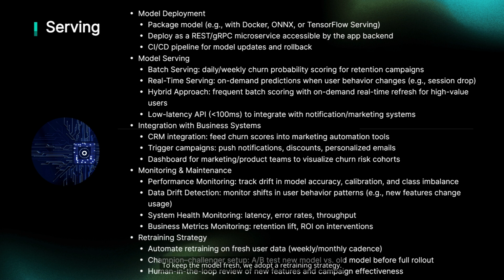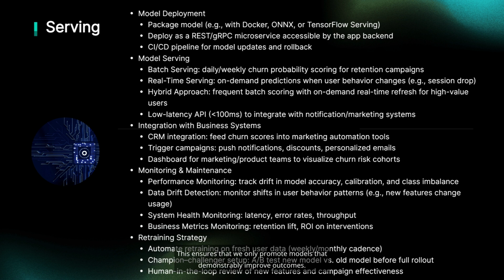To keep the model fresh, we adopt a retraining strategy. Typically, the model is retrained on recent user data weekly or monthly. A champion-challenger setup can be used. The current production model is the champion, and new candidate models, challengers, are A/B tested before rollout.